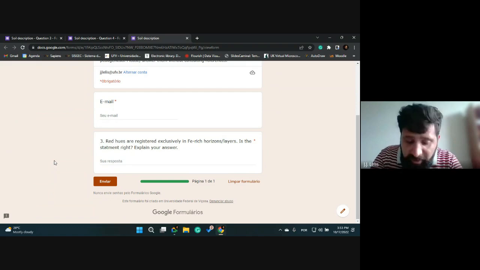Even if I have a high content of iron, it's iron 2, not iron 3. So if the soil is quite close to the water table and the water table influences the reduction of the minerals, probably I will have a gray color, not a red one.